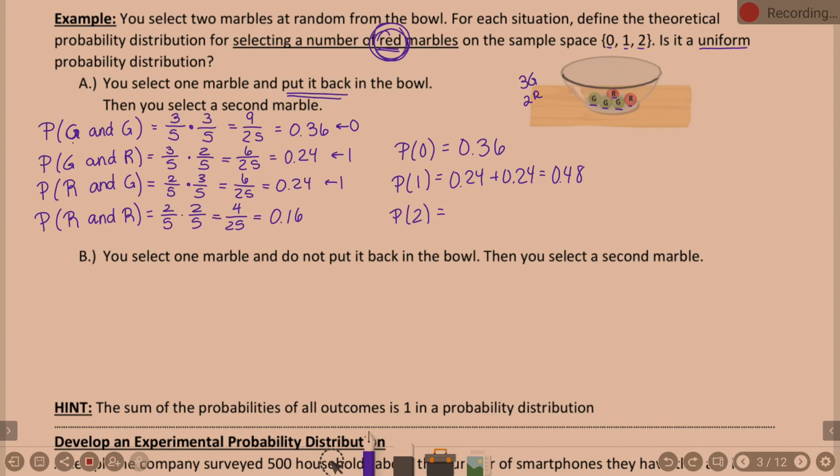And finally, probability of 2 red, and that's going to be right here, 0.16. So right there is our probability distribution for the sample space of 0, 1, 2. And is it a uniform probability distribution? No, we ended up with 3 different probabilities. So it is not uniform.